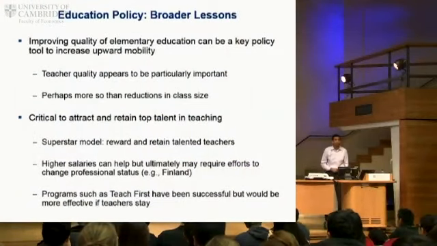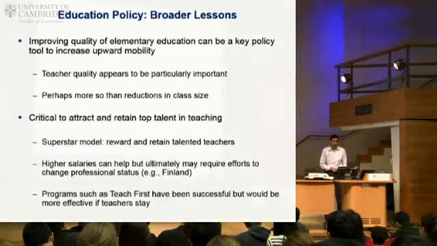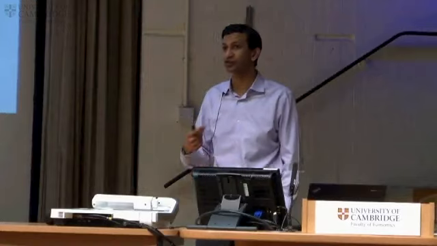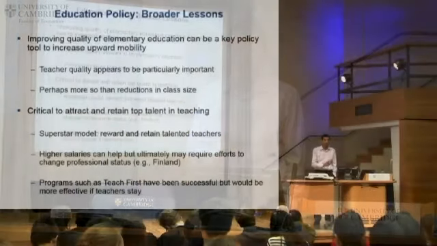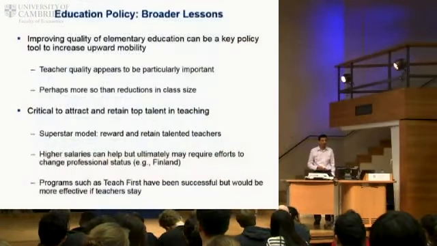I think also programs such as Teach First in the UK or Teach for America in the US are very successful in attracting talented kids into teaching, but they would be much more effective if they actually got teachers to stay in teaching. The challenge these programs face is that most of the people who enter them stay for a couple of years and then end up going to other jobs. And so retention turns out to be a key issue.